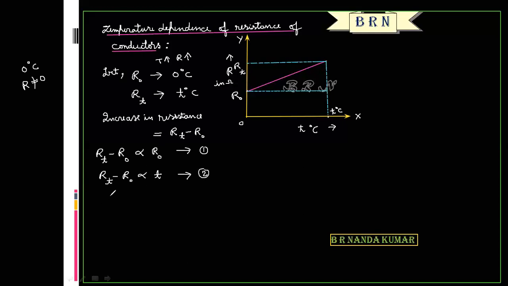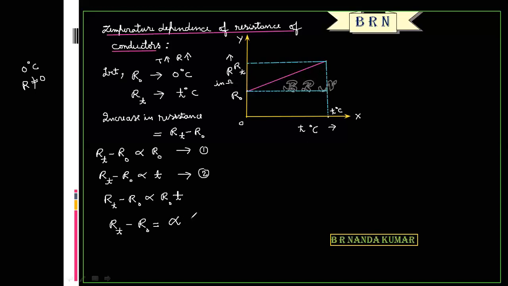Now combining these two equations, we get RT minus R naught is proportional to R naught T. Removing the proportionality, we get the proportionality constant, that is alpha.